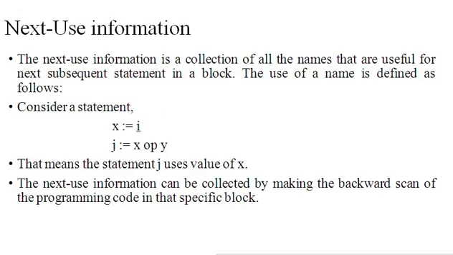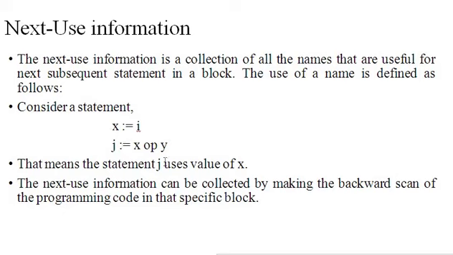Next is next use information. The next use information is a collection of all the names that are useful for the next subsequent statement in a block. So the use of a name is defined as follows.